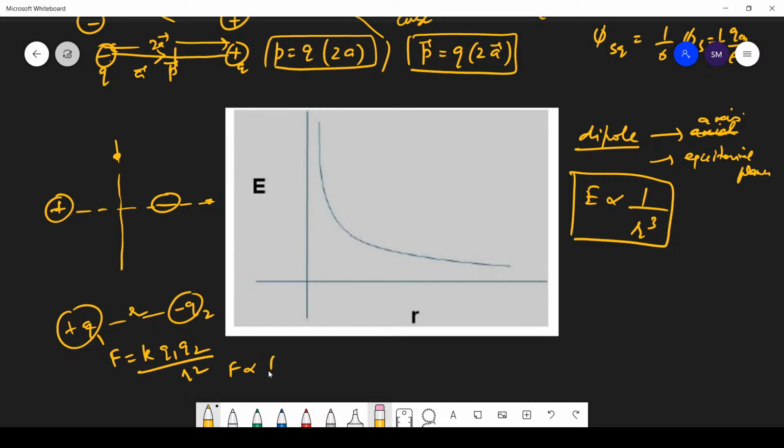So here the force is inversely proportional to R square, the inverse square law. But here the magnitude of the electric field decreases more quickly as compared to the force. So this graph can be there. Draw this diagram, this is very important.